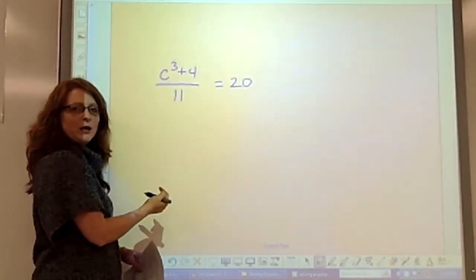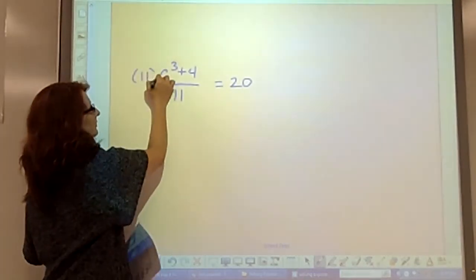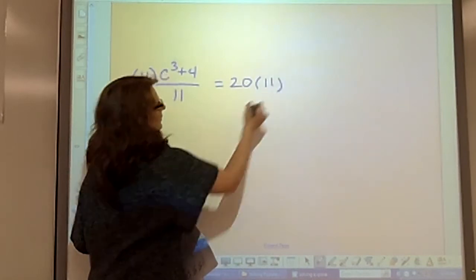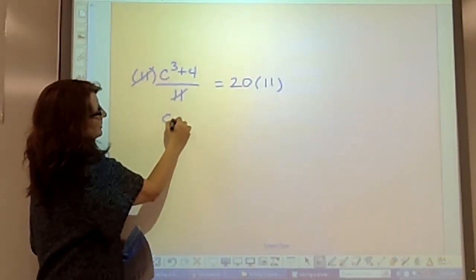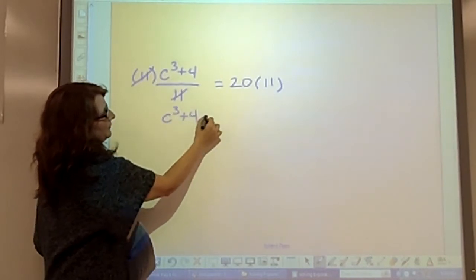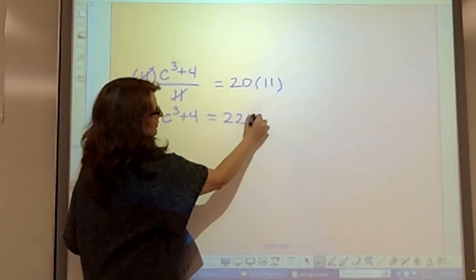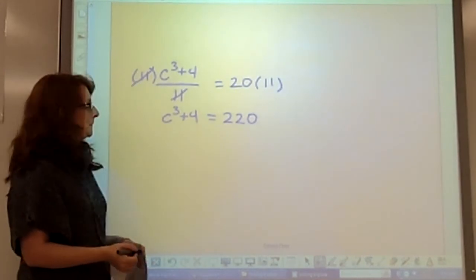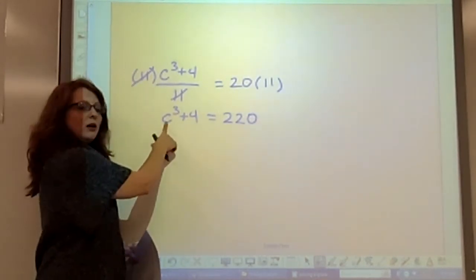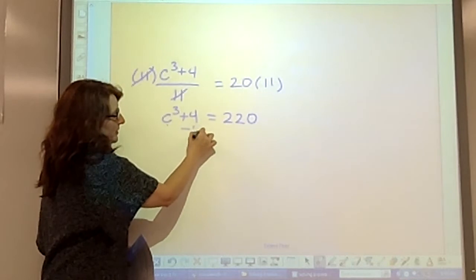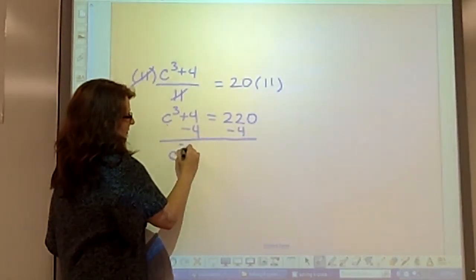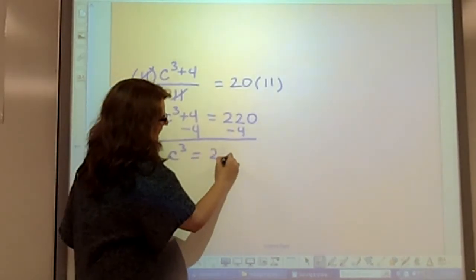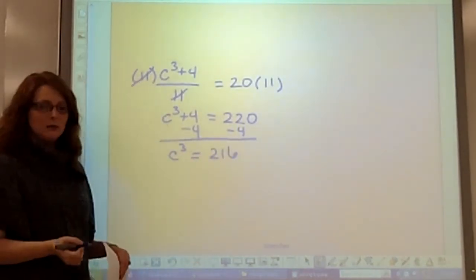The opposite of dividing by 11 is multiplying by 11. So 11 cancels. I get c to the 3rd plus 4 equals 220. I still need this by itself. I don't have it yet. Opposite of adding 4 is subtracting 4. So I get c to the 3rd is 216.